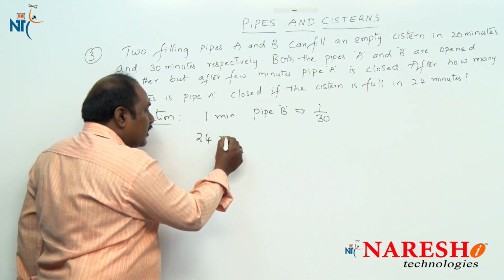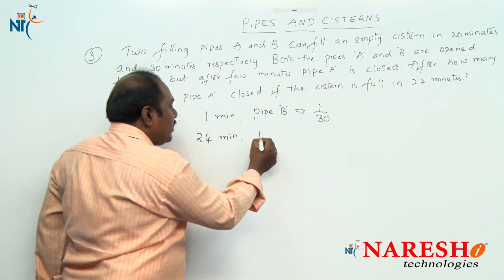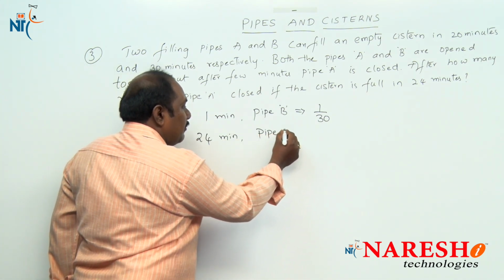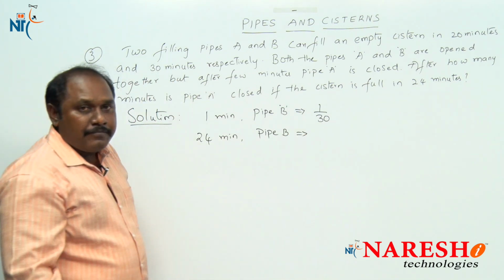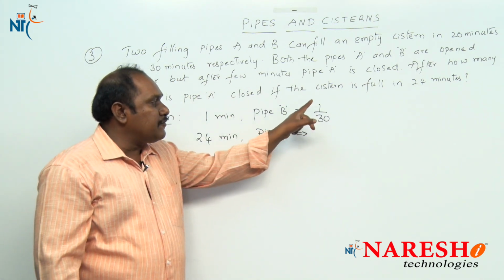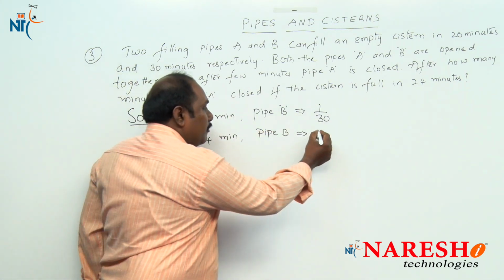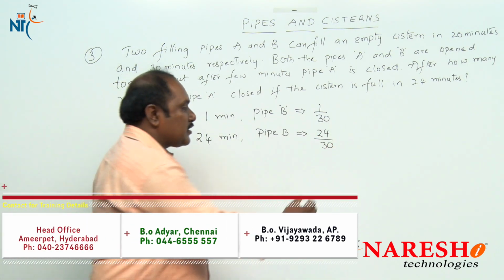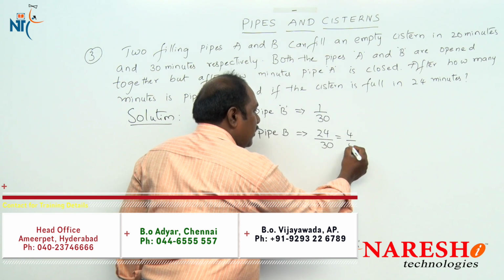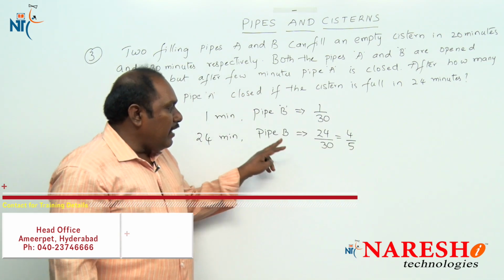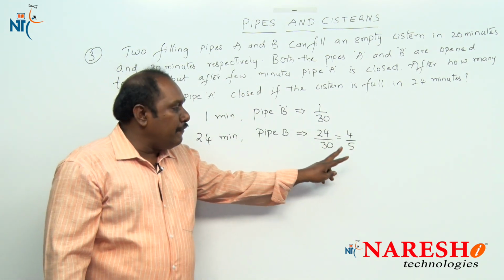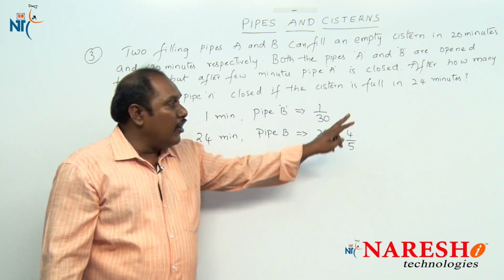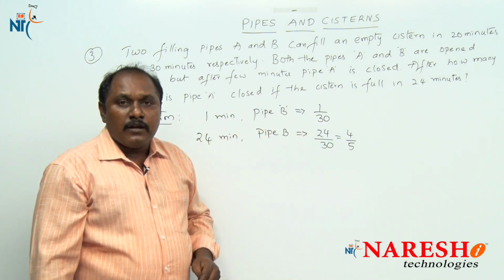In 24 minutes, how much part of the tank will be filled by pipe B? In 1 minute, if it fills 1/30th, in 24 minutes, it should fill 24/30th, which is 4/5.